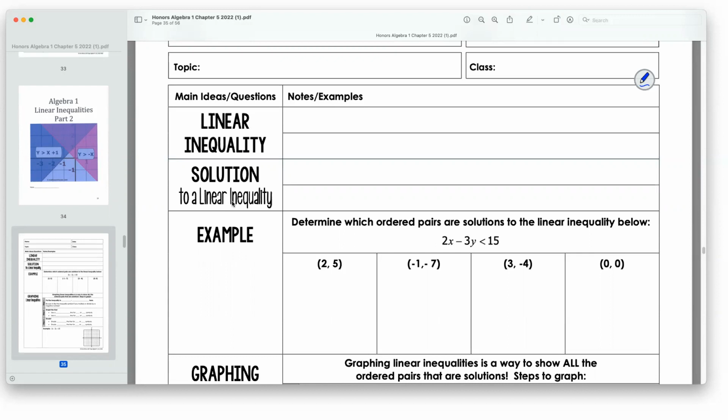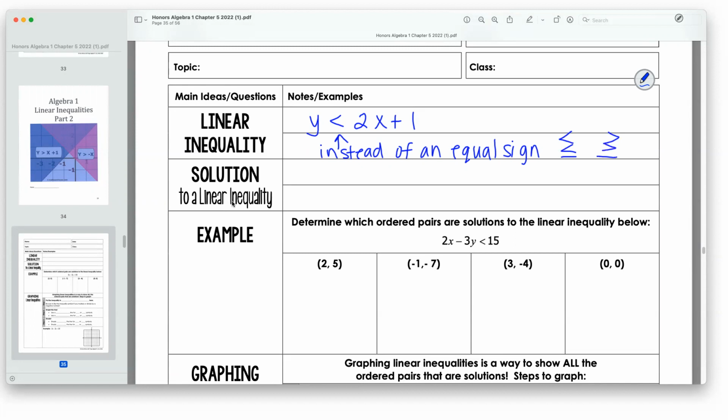Some examples would be, for example, y is less than 2x plus 1. So instead of seeing an equal sign, we see one of the 4 symbols: less than, greater than, less than or equal to, or greater than or equal to.